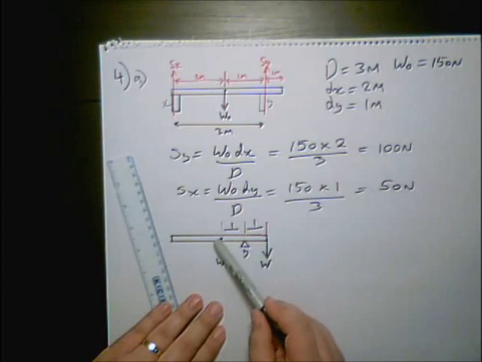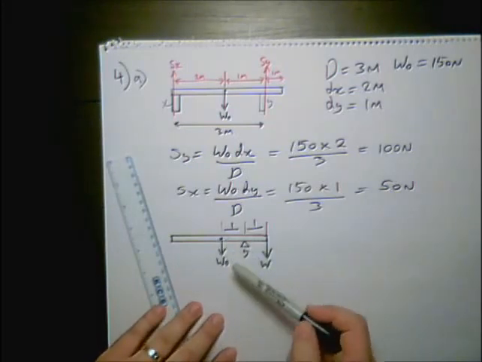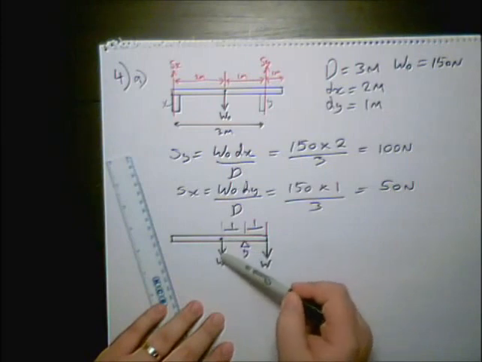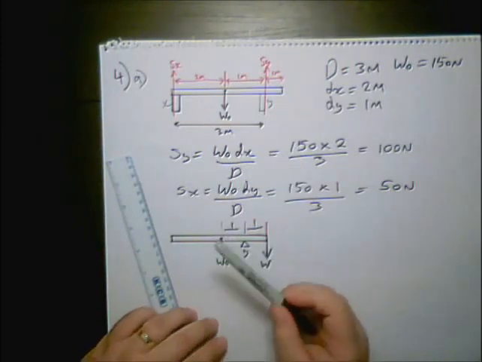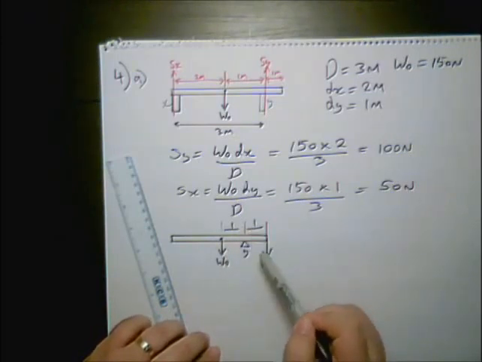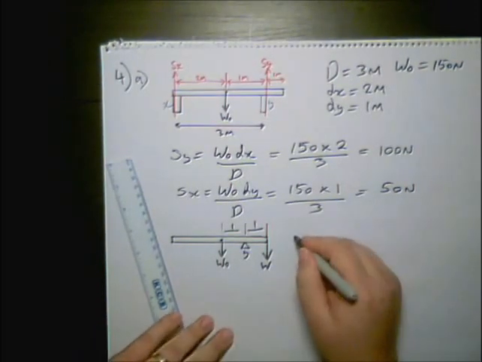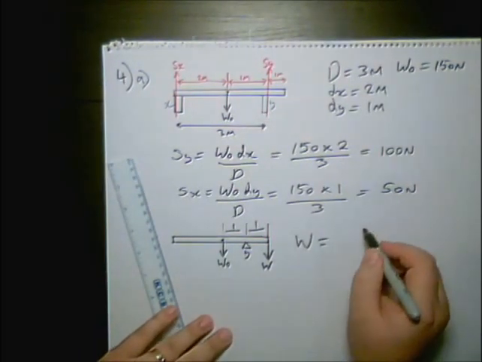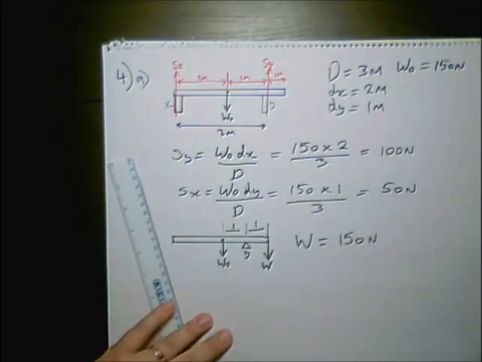It's lifted ever so slightly, but it's not turning. We're considering it to be balanced by this anti-clockwise moment of the weight of the plank times 1. So it means W0 times 1 is equal to W times 1, which means W0 is equal to W, which means the weight of the child is equal to 150 newtons.